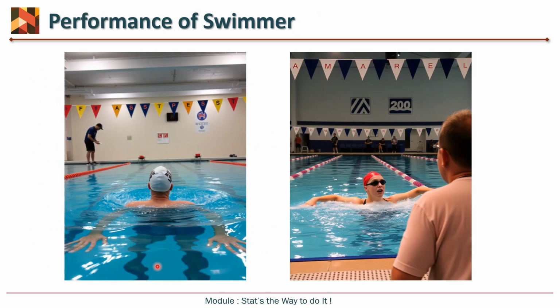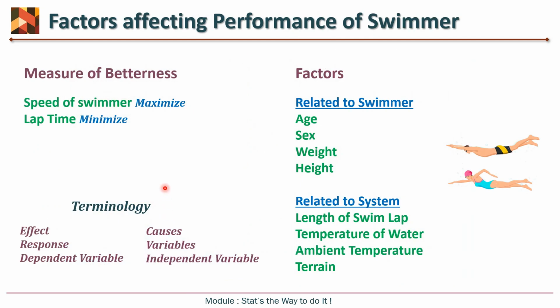Now coming to performance of swimmer, you already know, but I will reiterate for the new viewers of the video that for performance of swimmer, we have selected speed of swimmer or lap time as a measure of betterness. Our target is to minimize the lap time.